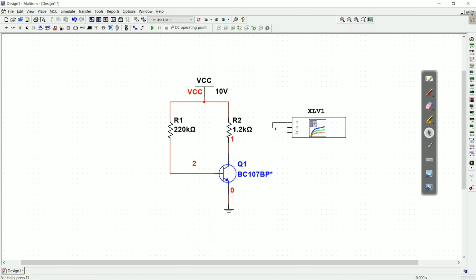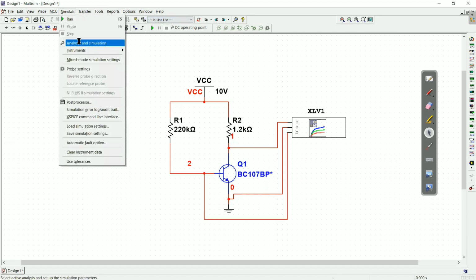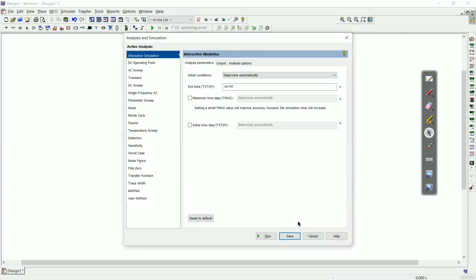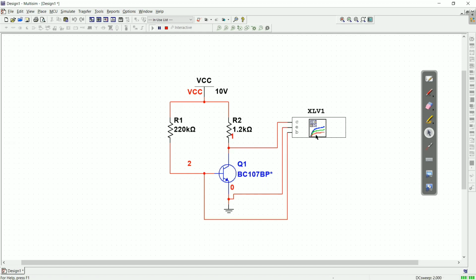Connecting it to them, we can change it to interactive simulation and run it.